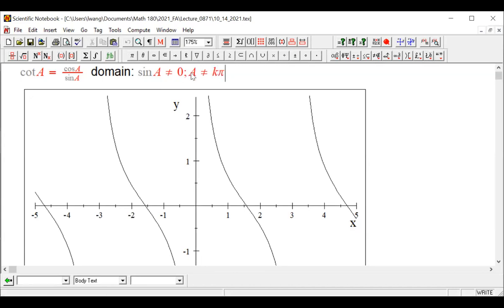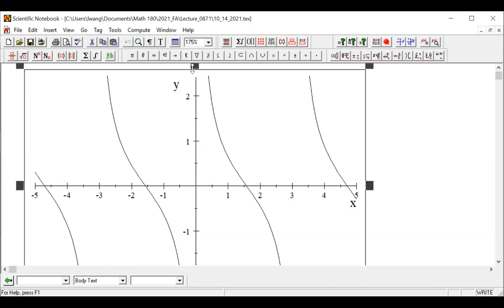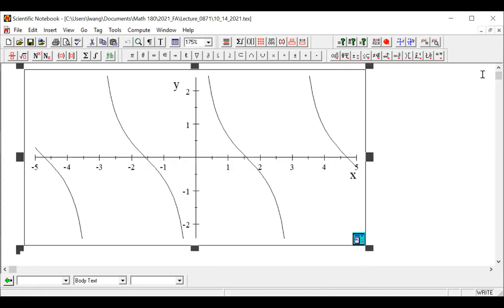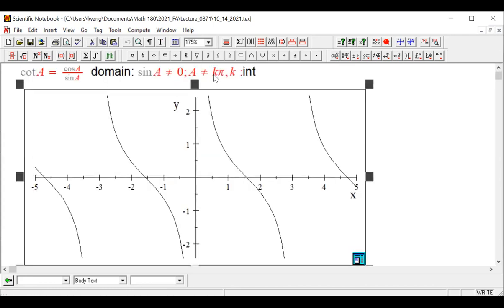So how is that related to what we do here in the picture? Well, those are the numbers it cannot be, because the domain can be any real number but k pi. So we let k run from 0, +1, -1.